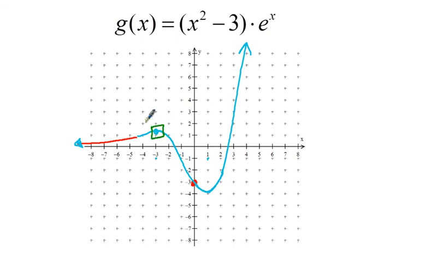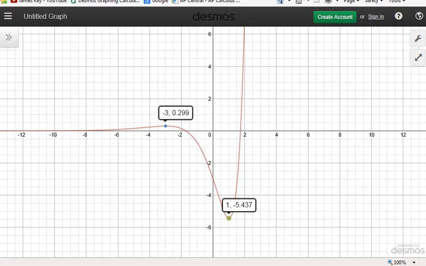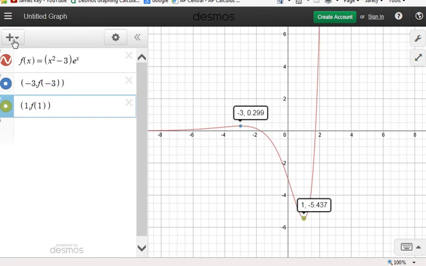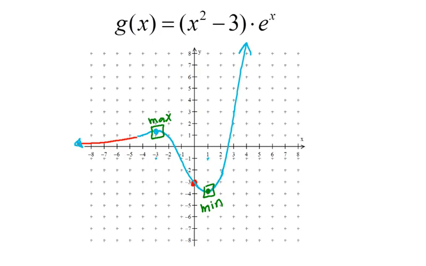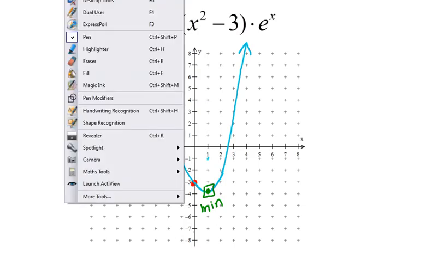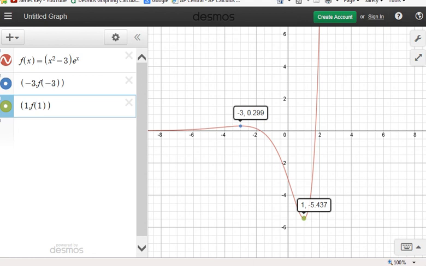Again, the calculus tells us to expect a local max here and a local min here, and that was the point of this video. Let's now go to the computer and look at the graph that Desmos produces for our function. And let me just go into annotation mode for a quick second so that I can write on the screen.